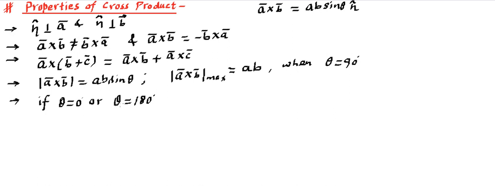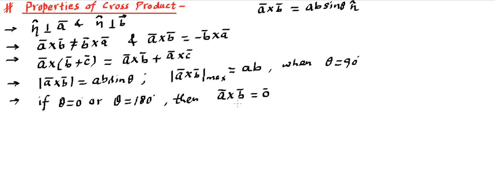If the two vectors are collinear, then the magnitude of the cross product will be 0. That means in fact the cross product will be 0. So A cross B will become a null vector. Whenever the angle between the two vectors is 0 or 180 degrees, that means the two vectors are collinear, their cross product is 0.